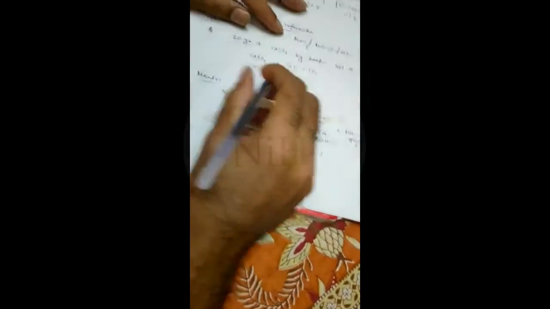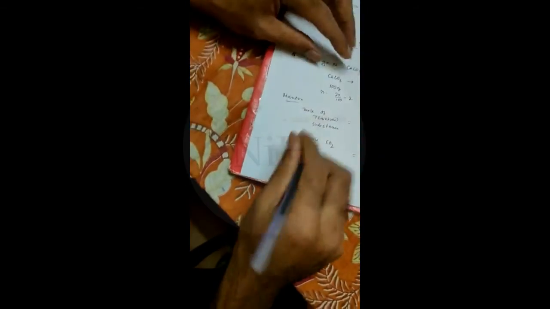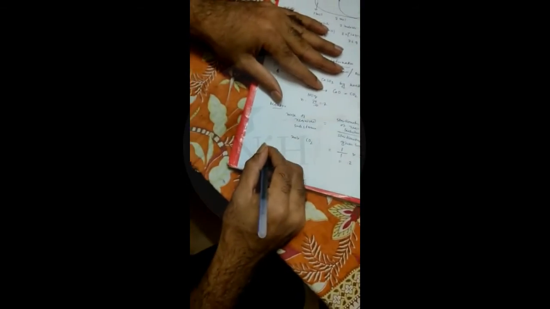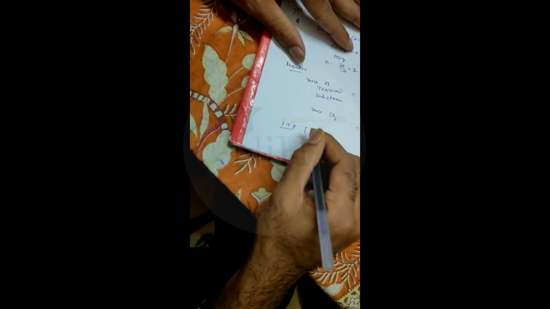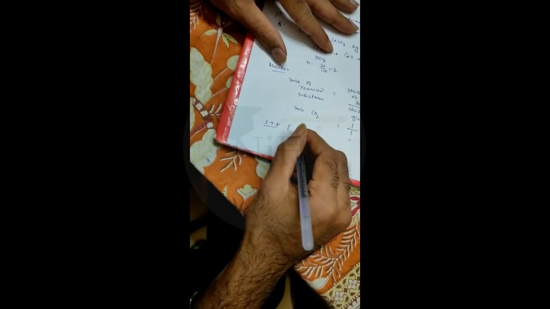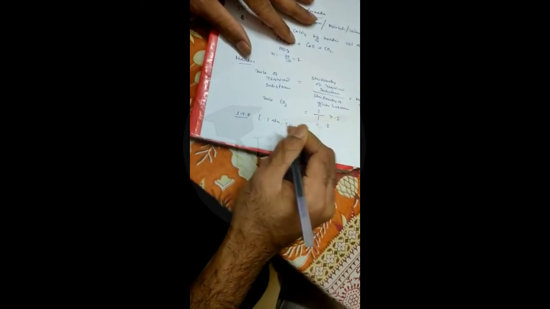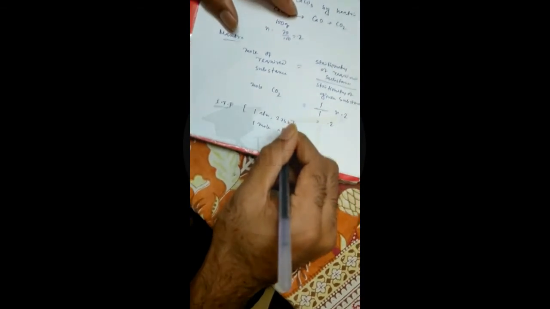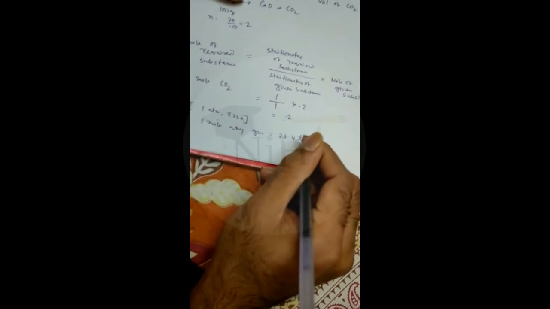Okay, now the question asks to find the volume of CO2. As we know, if nothing is given in the question, we assume the reaction is going at STP. STP means standard temperature and pressure: 1 atm is the standard pressure and 273 Kelvin is the standard temperature. And as we know, 1 mole of any gas gives you 22.4 liters.